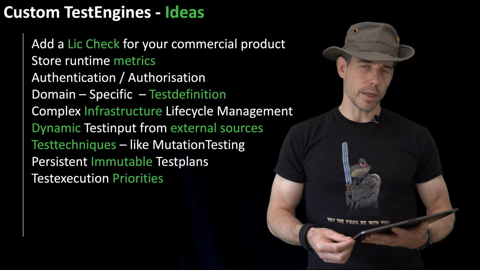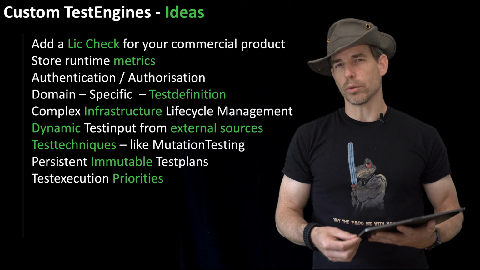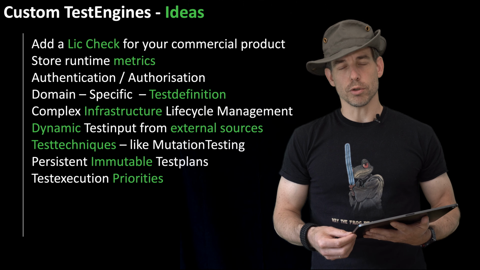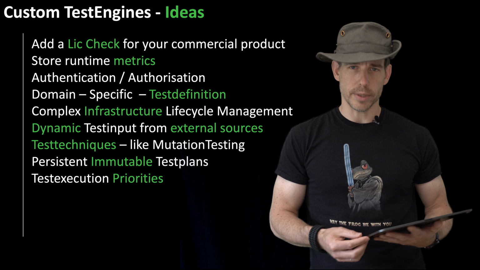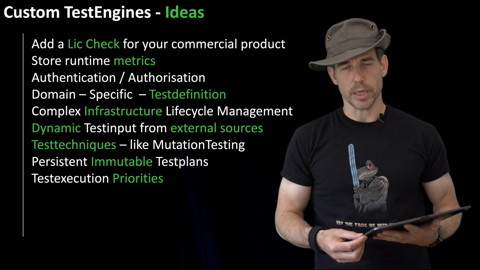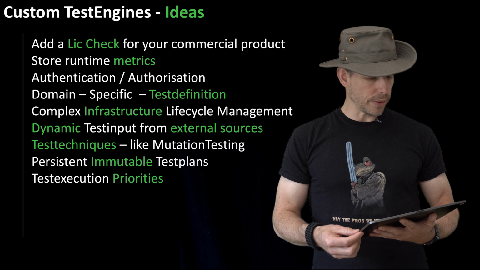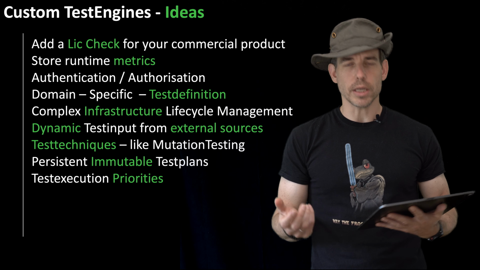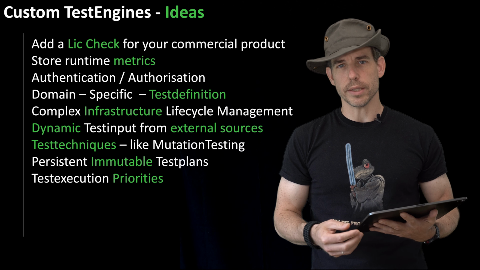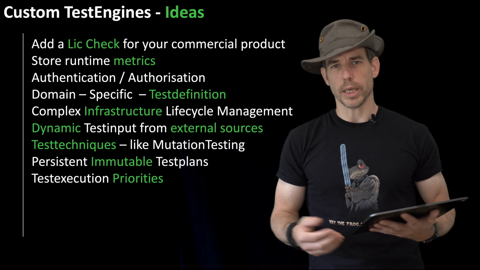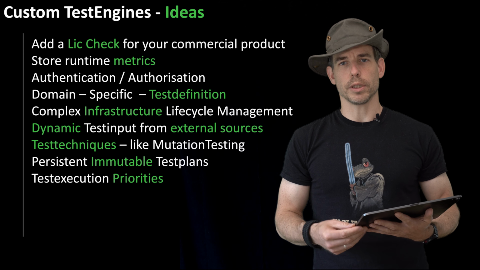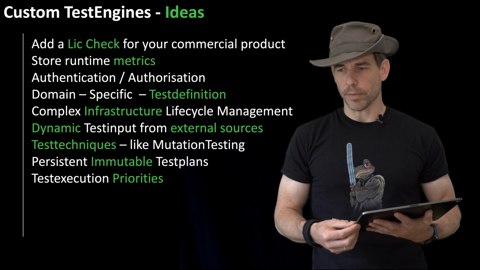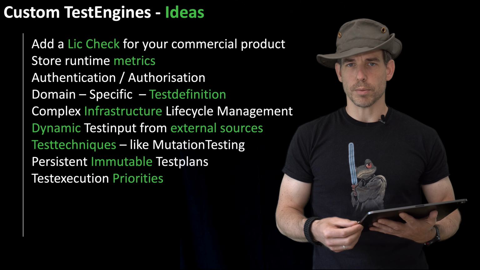One very interesting thing is the way how to describe a test. We saw how to describe tests for the Jupiter engine, because we want to use this test engine to test our own custom test engine. But think about what domain specific things you could need to make it easier to describe tests for your domain. It could be that, for example, you want to have an explicit return type in your test methods. It could be that you need some special input params.